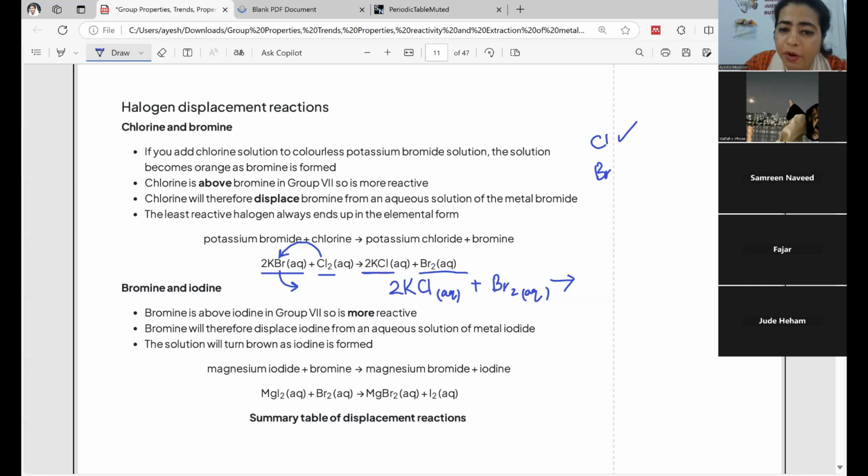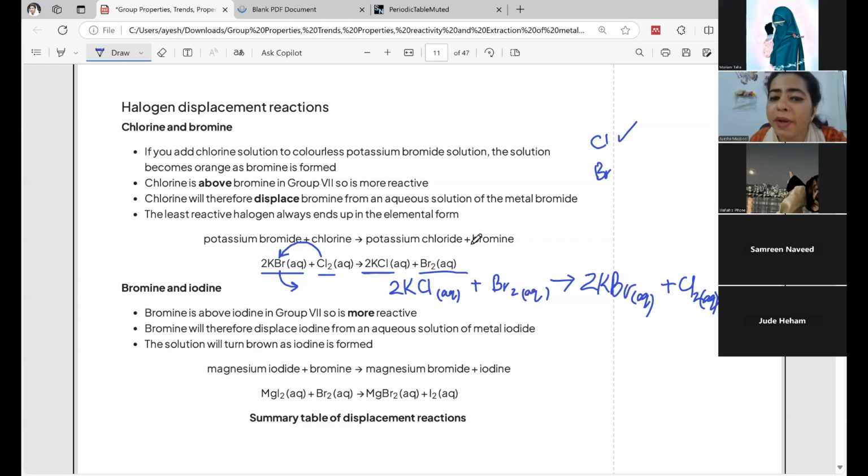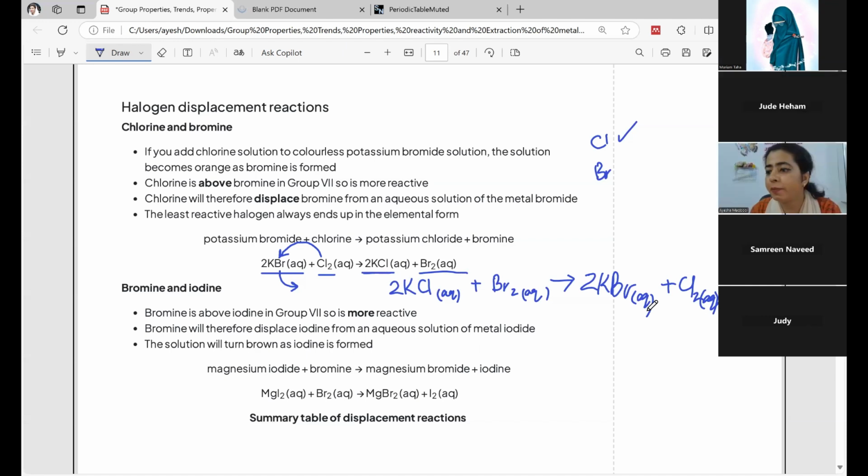And the products are 2KBr aqueous with Cl2 aqueous. Raise your hand and tell me, is this reaction possible or not? Can bromine come and replace this chlorine and make these products here? Yes, Mariam.